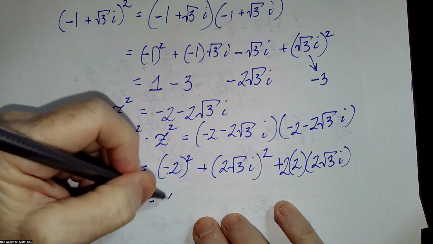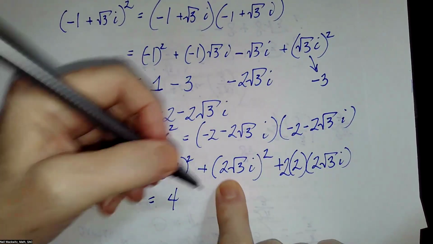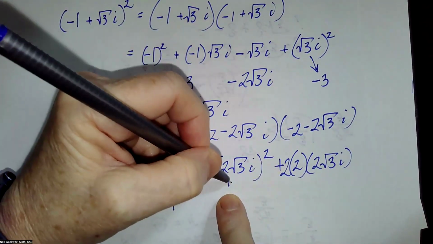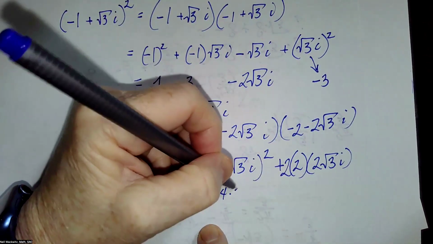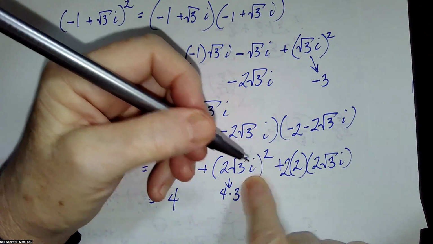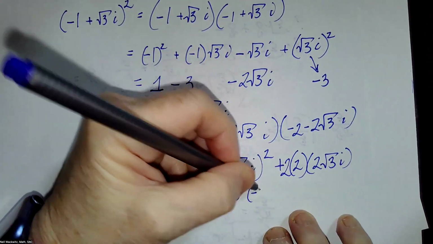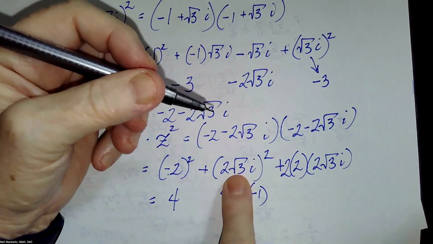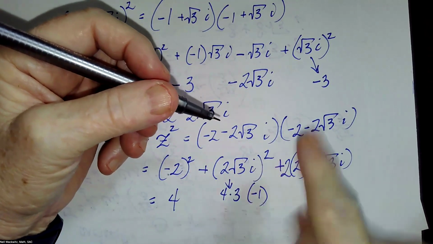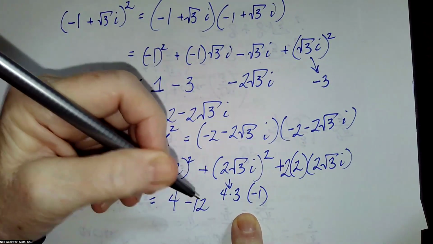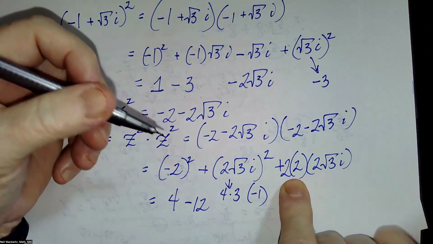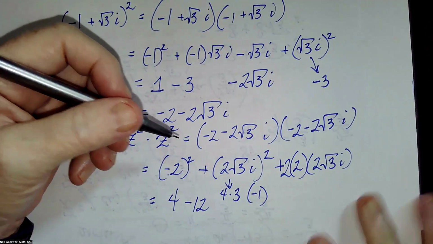So now I've got 4. 2 squared is 4. Square root of 3 squared is 3. And I squared is negative 1. So 2 square root of 3i squared is negative 12. And then we've got plus 8 square root of 3i.